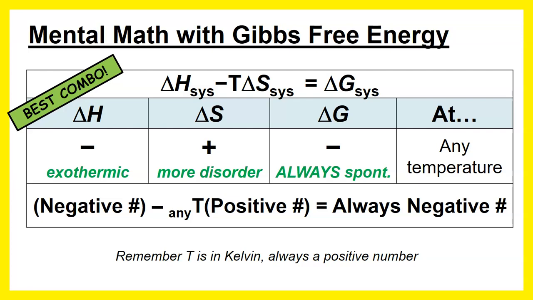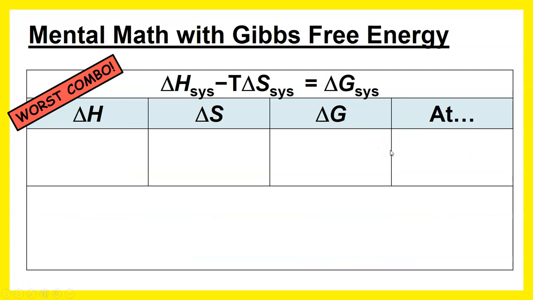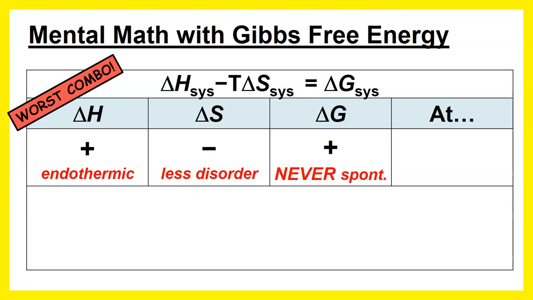Now let's go to the opposite extreme. Let's look at the worst combination, the one that's not going to be spontaneous ever. If we have an endothermic reaction and our entropy is decreasing, that's never going to be thermodynamically favorable. That's never spontaneous.